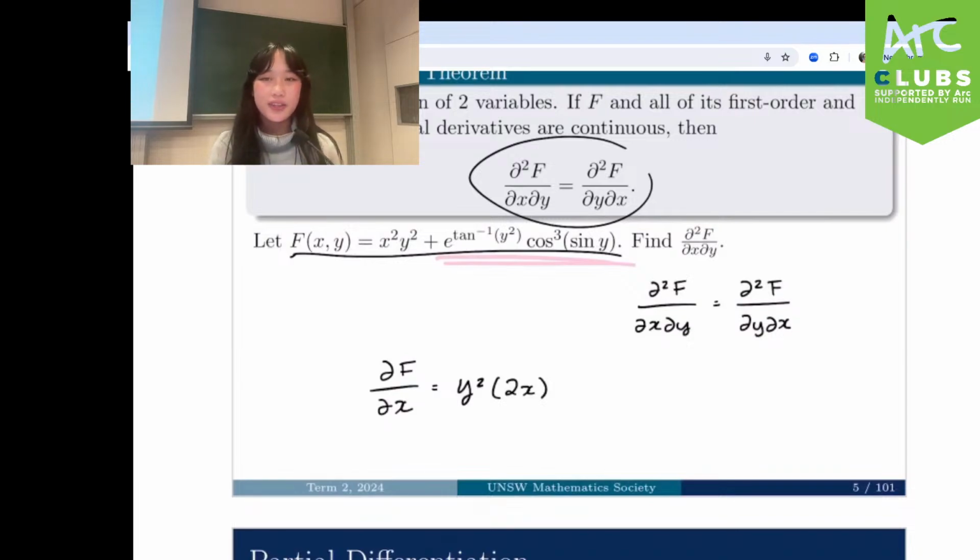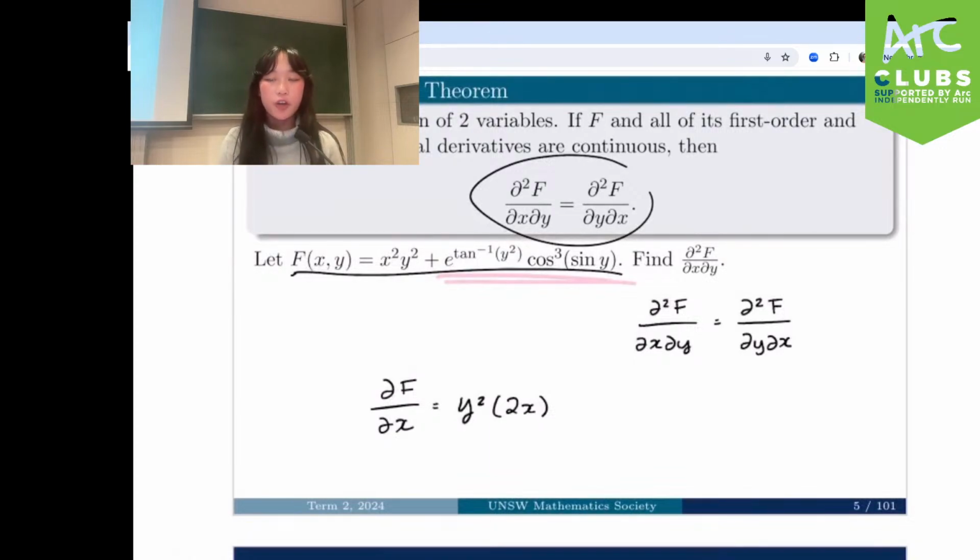Oh, what gave it away that it's continuous? Okay, so this function is composed of elementary functions, which, if you look in the Math1231 or 1141 notes, it will state that a function composed of elementary functions, like log, trig, polynomials, power functions, etc., joined together with the elementary operations of adding, subtracting, dividing, function composing, etc., is continuous.